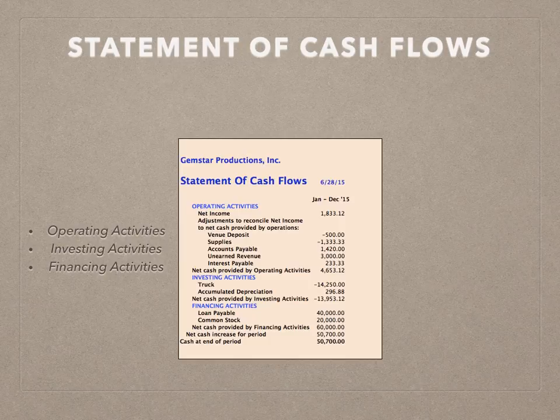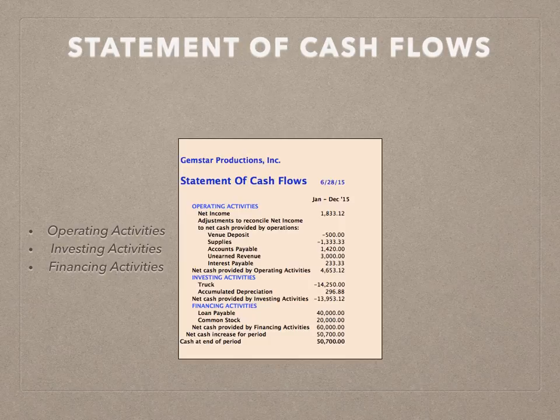This is a broad concept and can help us understand exactly what this concept is. Very easy to use, and you can have a very broad knowledge of how the company is performing. Then we have the statement of cash flows.